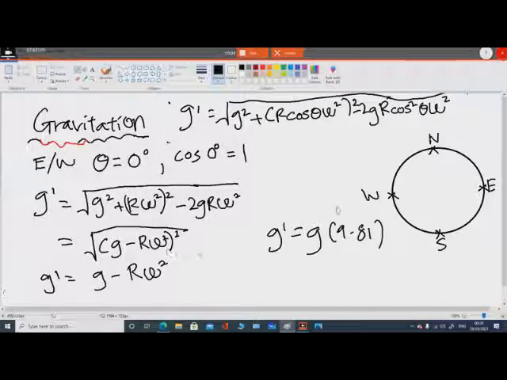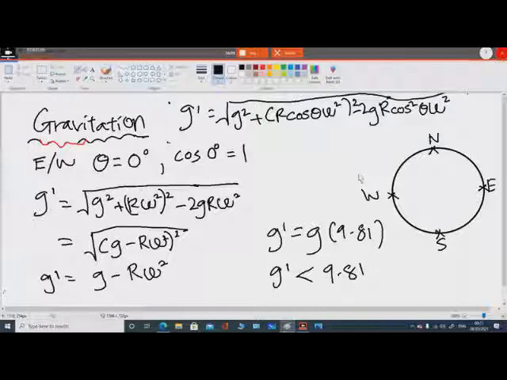At the east or west, the gravitational field strength is less than 9.81. So the gravitational field strength at the east or west is less than the gravitational field strength at the North Pole or South Pole.